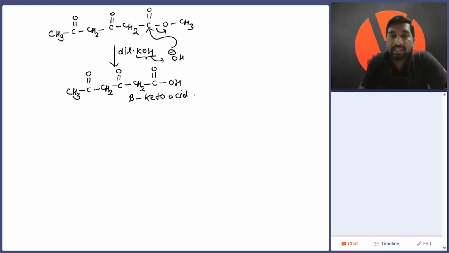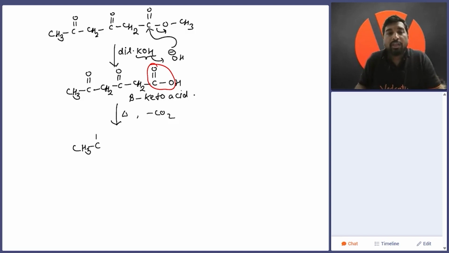On heating, it will decarboxylate. Decarboxylation will occur. CO2 will be removed from here, and they will give minus CO2 and CH3, C double bond O, CH2, C double bond O, CH3.